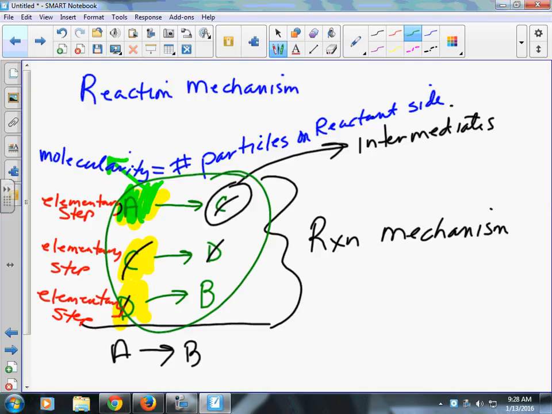You've got to end up with the overall reaction. If you don't, throw that mechanism out. It's not it. The second requirement: the mechanism must agree with the experimentally determined rate law.